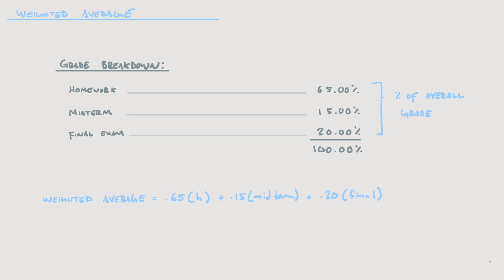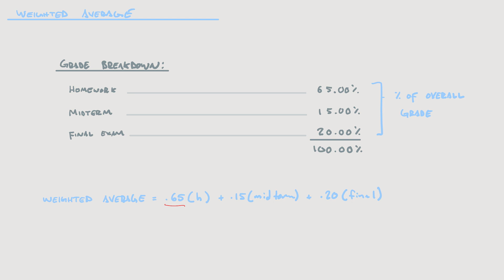The formula to find the weighted average is the percent weight of your grade multiplied by that specific category's average score. So you'll see that I have 0.65, because that's 65% as a decimal, multiplied by H, where I'm calling H your average homework score.